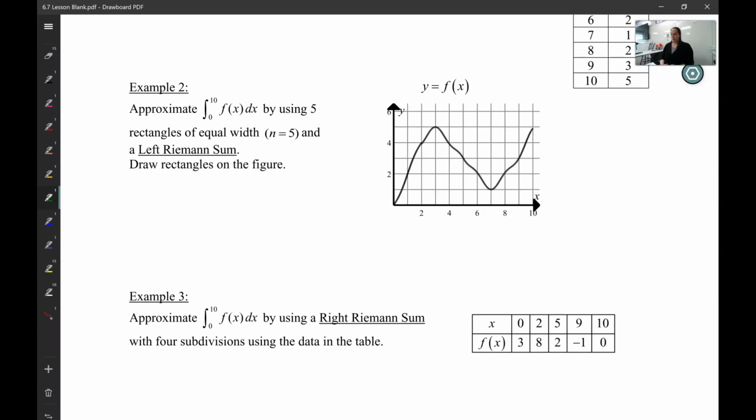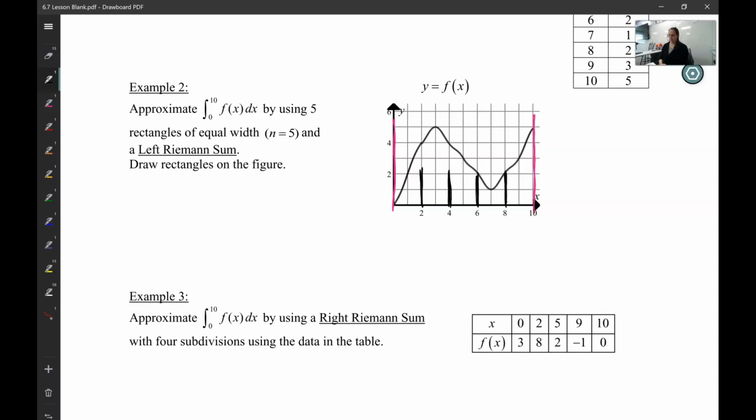It says approximate this graph from 0 to 10, so from here to here. We want to use 5 rectangles of equal width. So I'm going to set those up. I've got 1, 2, 3, 4, 5 rectangles of equal width.